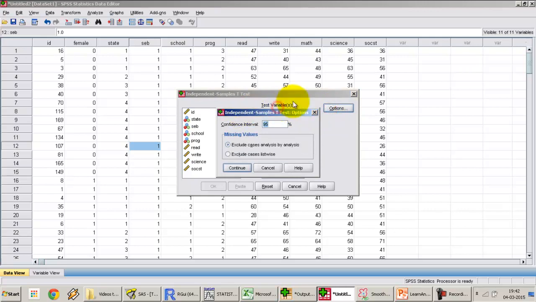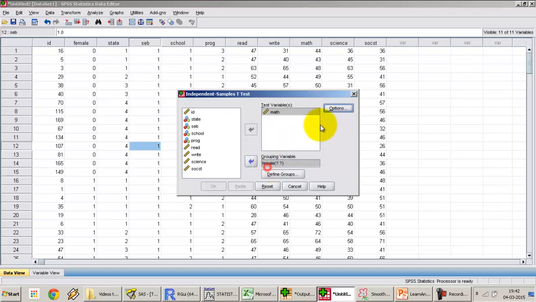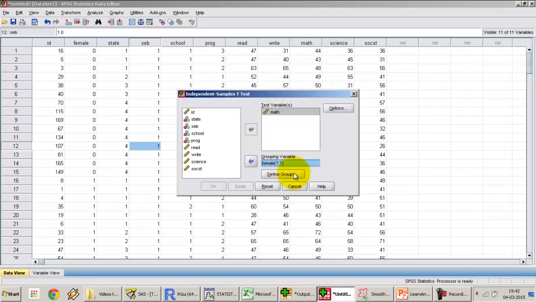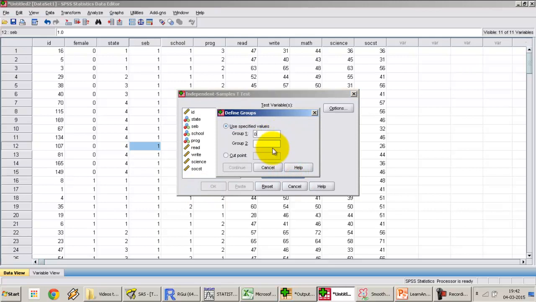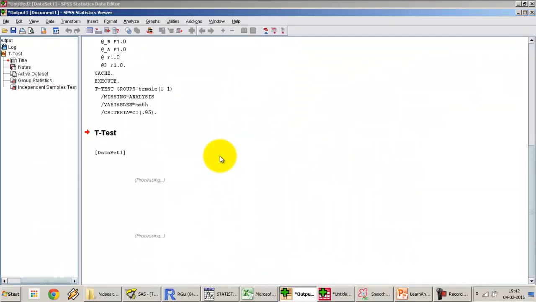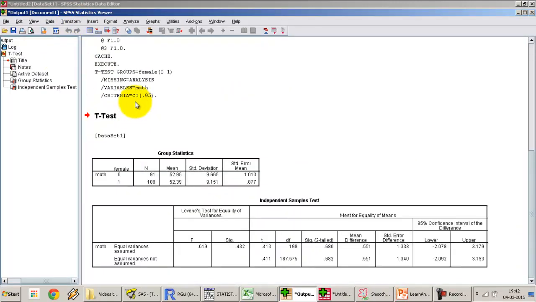Let's check in the options, confidence interval 95%. We don't want to do any missing value analysis, and that's it. So it doesn't allow me to actually press OK. So let's define the groups as 0 and 1 over here, and that's it. So I press continue, I press OK, and we get the results for the t-test.